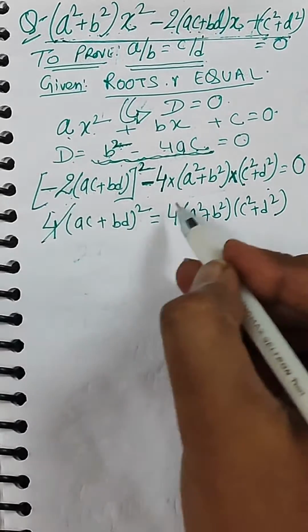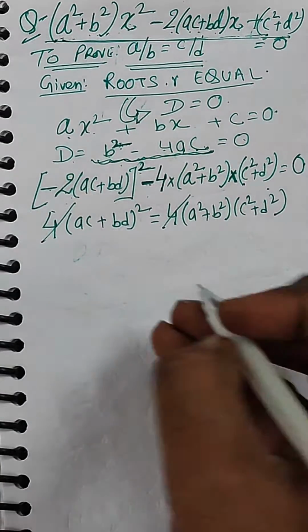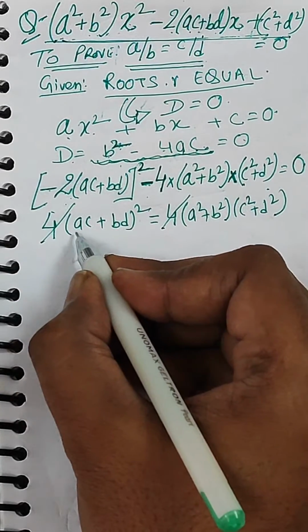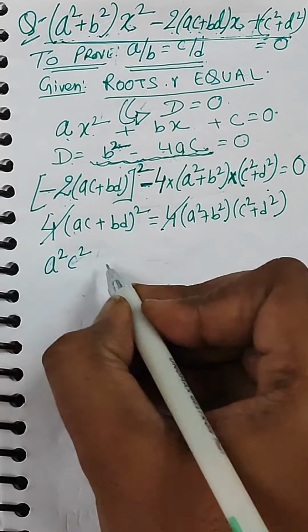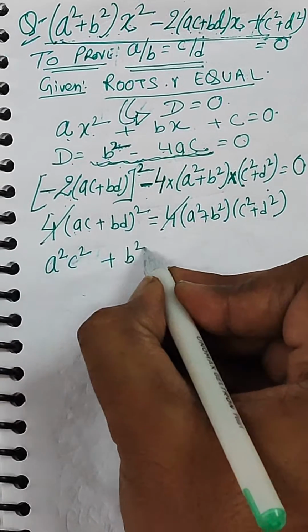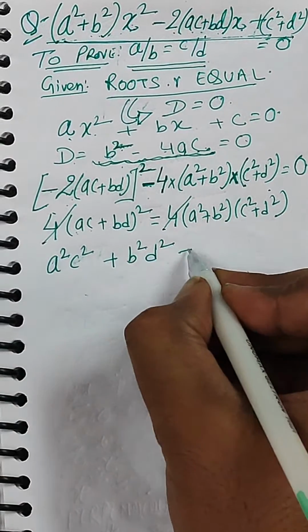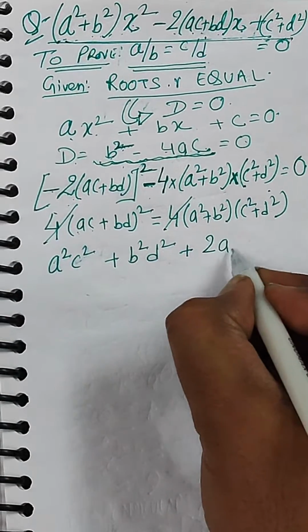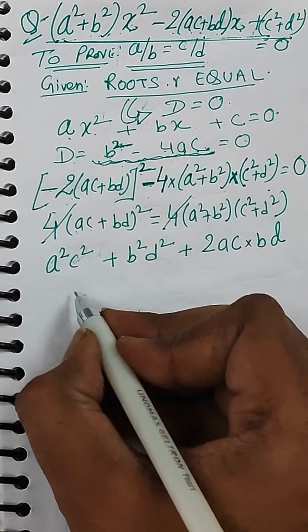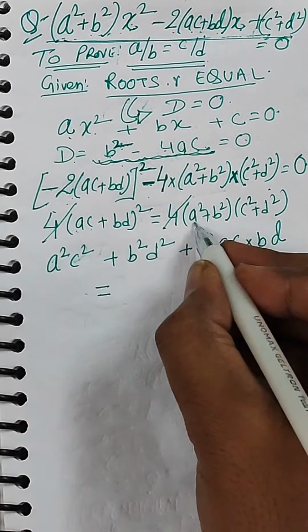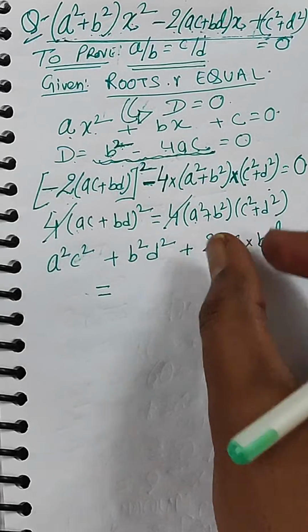Here 4 and 4 will be cancelled out, and we have (ac plus bd) whole square. Just expand, it will be a square c square plus b square d square plus 2 times ac into bd. This will be the LHS, and in the RHS just multiply both these terms.